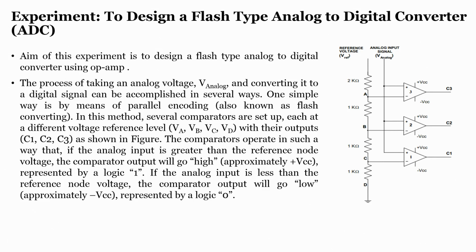So very fast you can convert your analog value to digital, but the disadvantage of going with flash type ADCs is the complexity of the circuit. If you recall the circuit of a flash type ADC, it uses comparators. The complete conversion, or the output of the comparators, entirely depends upon the speed of your op amp.